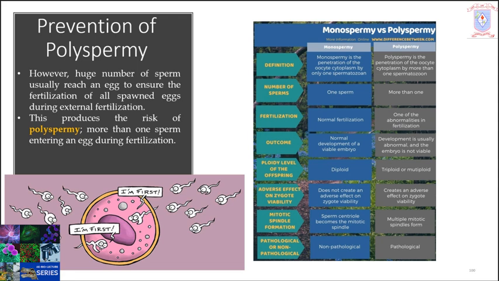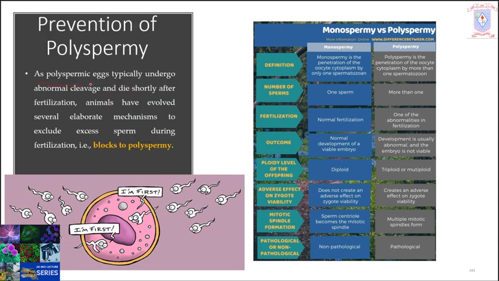However, a huge number of sperm usually reaches the egg to ensure the fertilization of all spawned eggs during external fertilization, and this produces the risk of polyspermy, which is more than one sperm entering the egg during fertilization. Here you can see the cartoon representation of this competition of sperm to fuse with the egg.